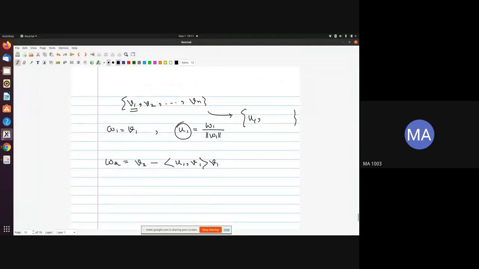Now what is this vector? Why are we constructing this vector? Any idea why we are doing this? Basically, what was our goal? I need some vector which is orthogonal to it, right?